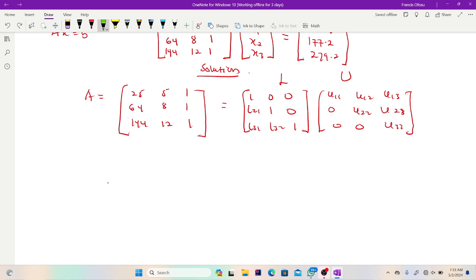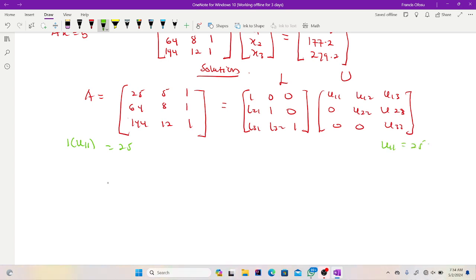This row times this column, I'm going to have 1 multiplying U11. The rest will be 0, 0 times everything will be 0. It should give me 25, right? So my U11 will be equal to 25 here.